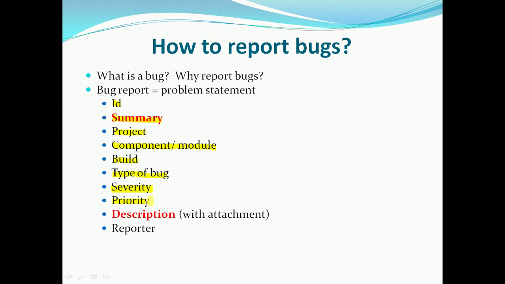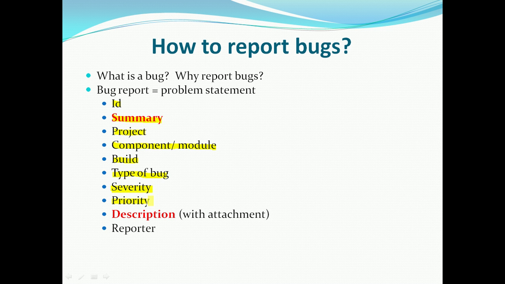But it is also possible that sometimes the severity is high and the priority is low. How is that possible? Let us say it is a severe bug, but it impacts only a less used area of the system, the area used by very few users. So even though it is a severe bug in that particular area, the priority can be low, so developers can look at it later.